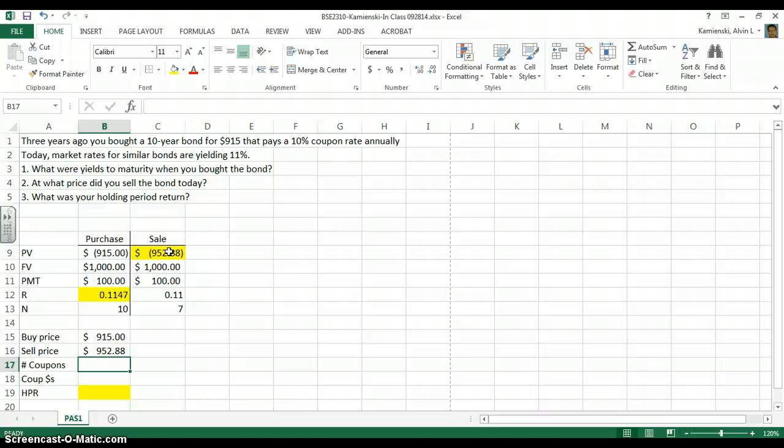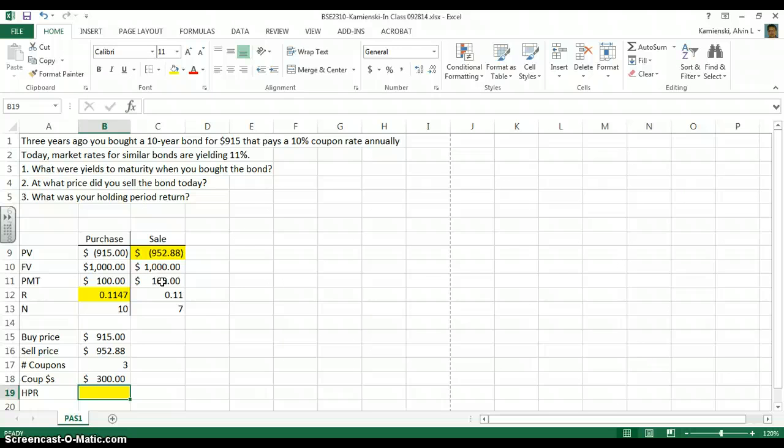But additionally, over the course of 3 years, you would have received 3 coupon payments of $100 each. So you would have gotten 3 times the 100, $300 in payments as well.